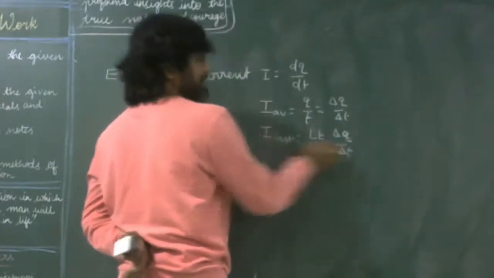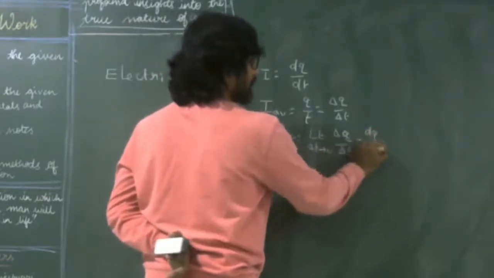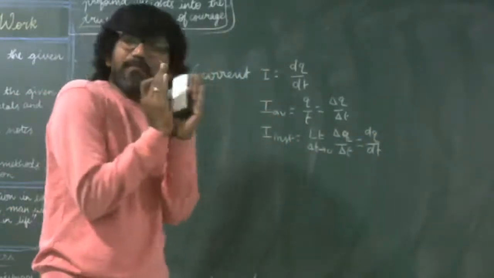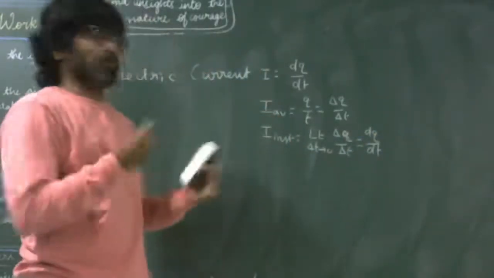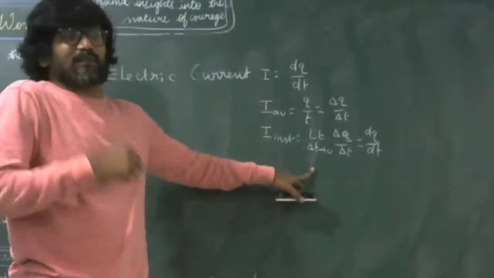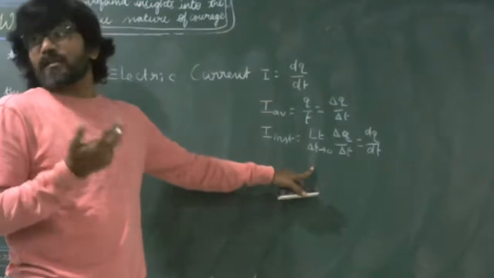This can be given as dq by dt also. Delta T tends to 0 means when the time interval becomes very small. So the same concept we used in motion in a straight line while discussing instantaneous velocity.